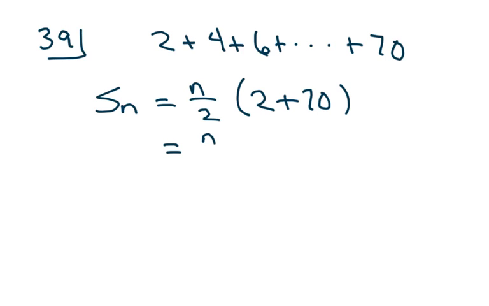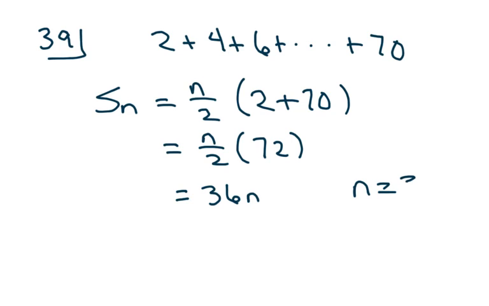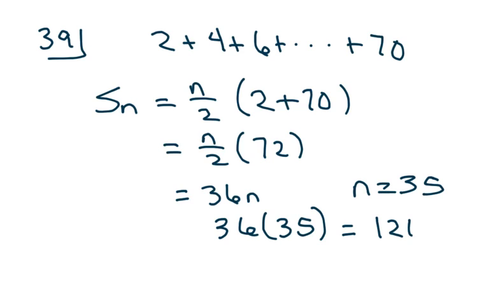So we get n over 2 and 72, which actually equals 36n. And that's your formula. Okay? We do know we have 35 terms, so if you want to let n equal 35, you can write this as 36 times 35, and that's going to equal 1260.